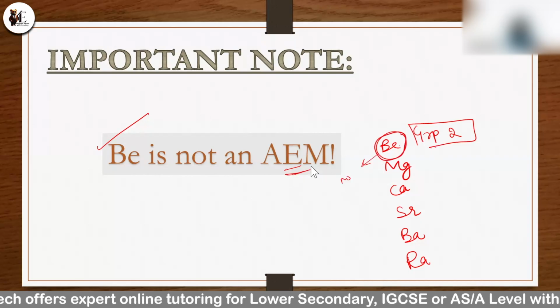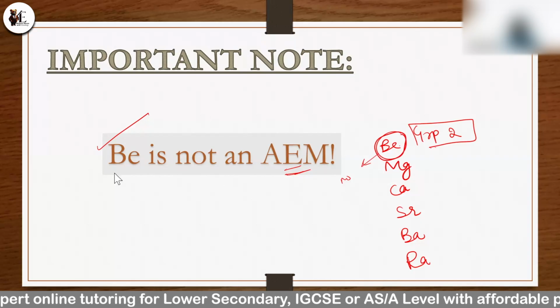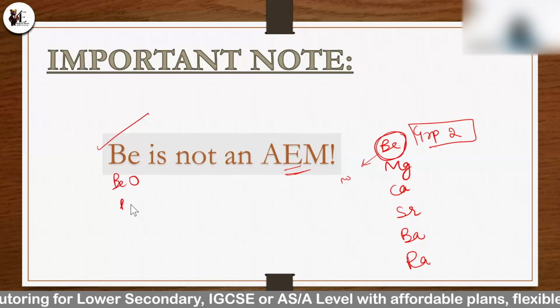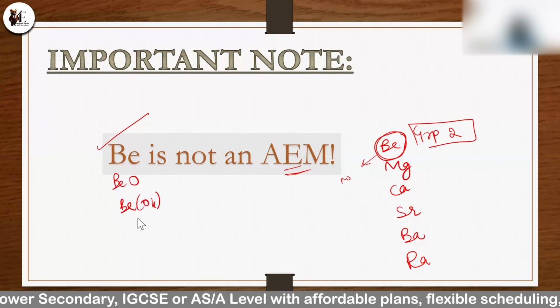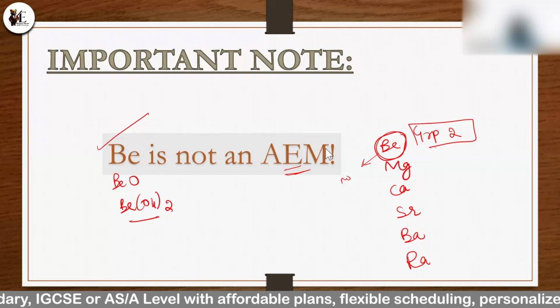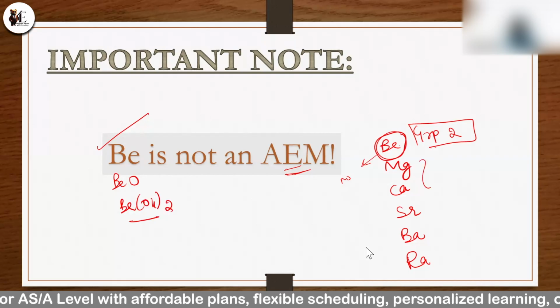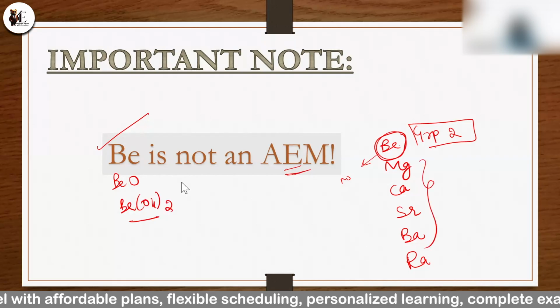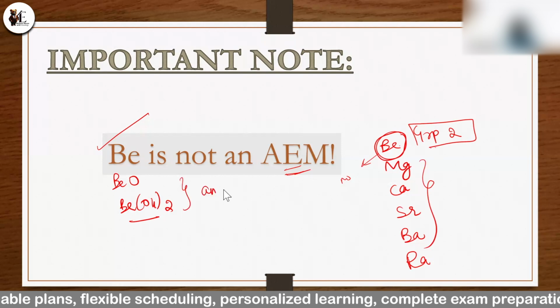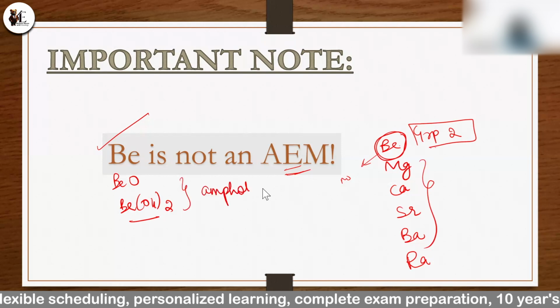Why is it not an alkaline earth metal? Because beryllium oxide and beryllium hydroxide are not alkaline. Otherwise all the elements' oxides and hydroxides are alkaline in nature. But beryllium oxide and hydroxide are amphoteric in nature.